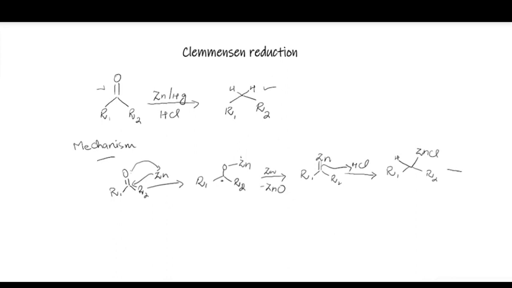Again, we have a carbon-metal bond in which again carbon will act as the nucleophile. So another HCl molecule will be attacked, or another proton will be taken up by this carbon, with the removal of zinc chloride and the formation of this hydrocarbon or the methylene group here.